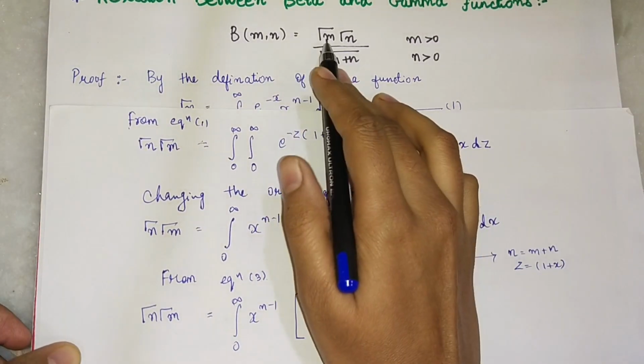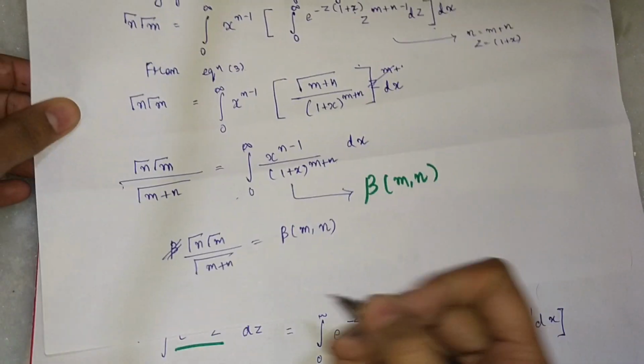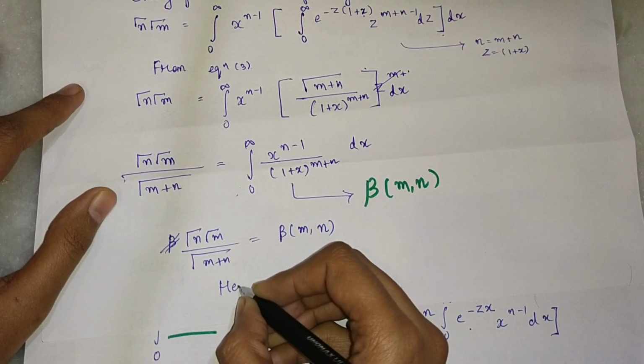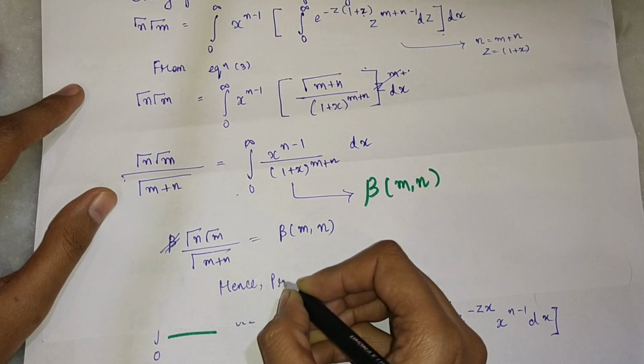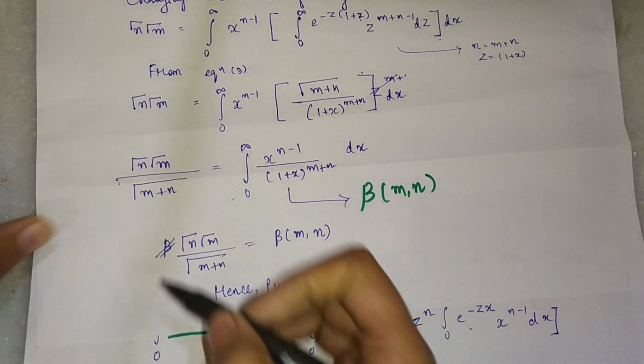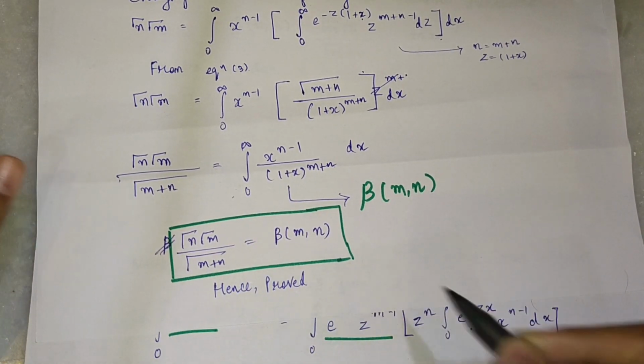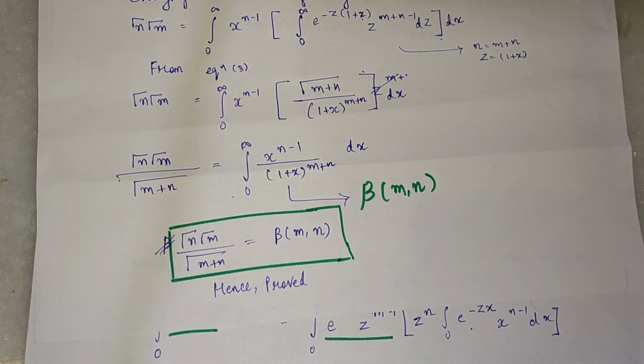Okay, so we got the answer, we proved it, so we can write it hence proved. So this is the relation between beta and gamma functions.